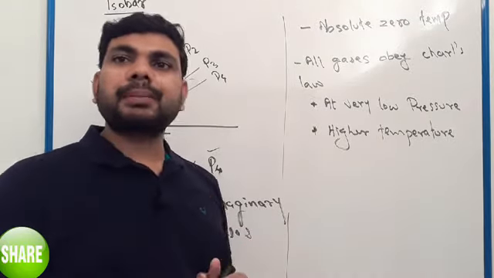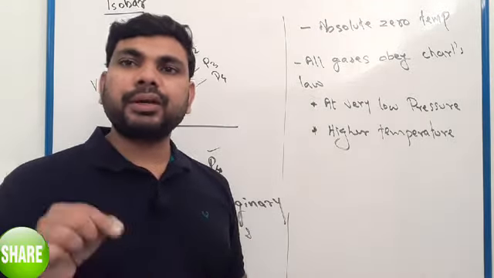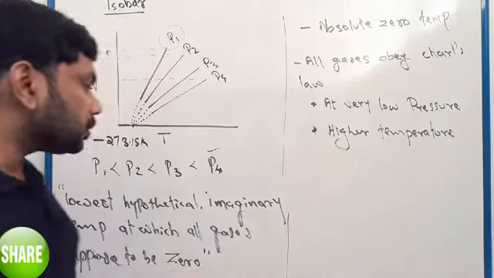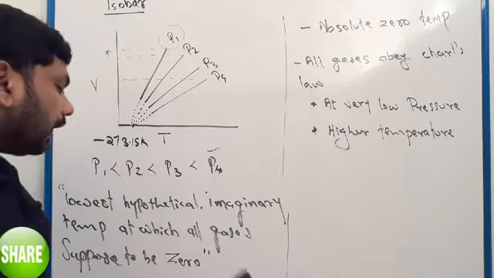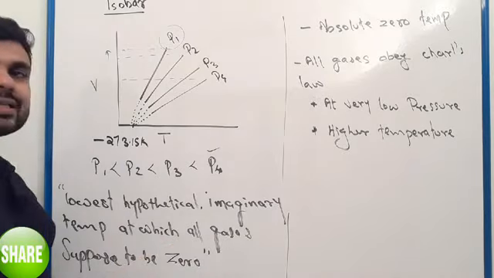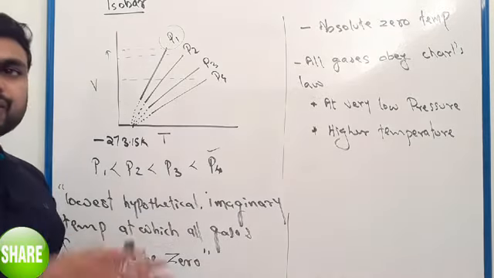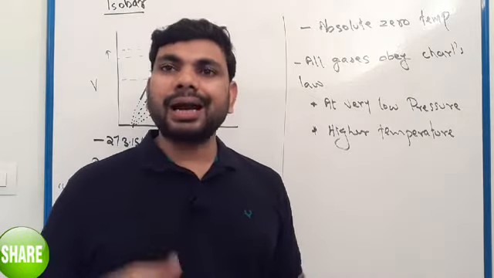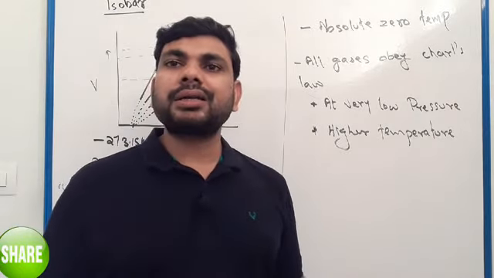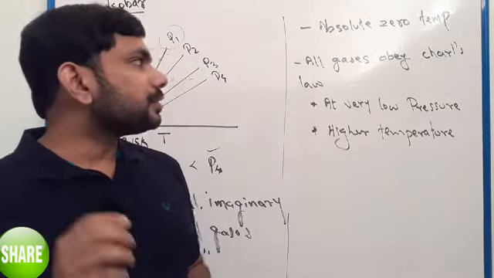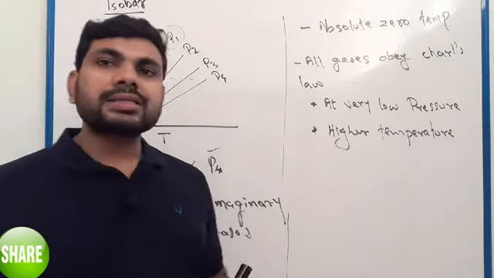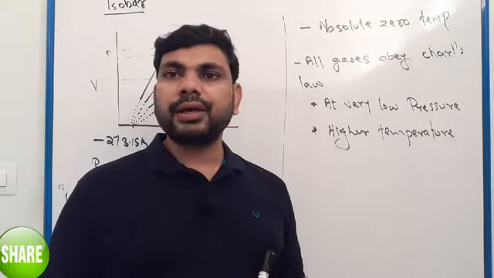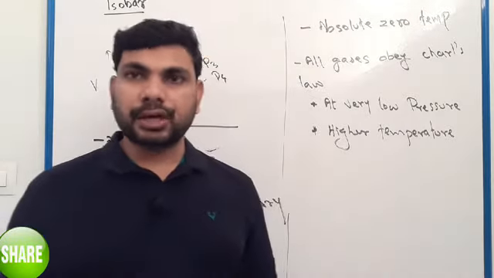Absolute zero temperature means minus 273.15. This is one imaginary, hypothetical temperature. At this temperature all gases are supposed to have zero volume. So remember, this is one imaginary temperature. This is called absolute zero temperature.